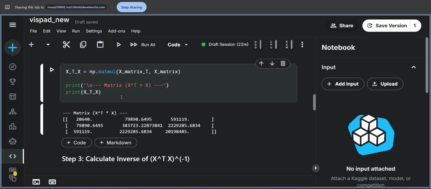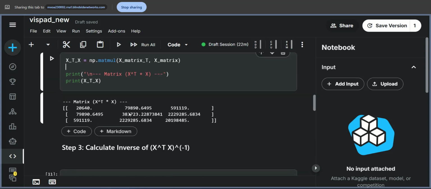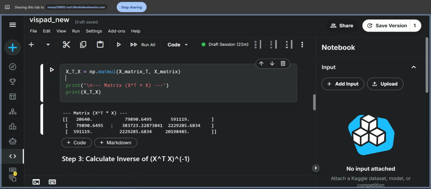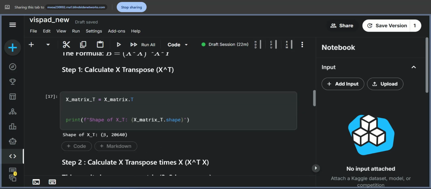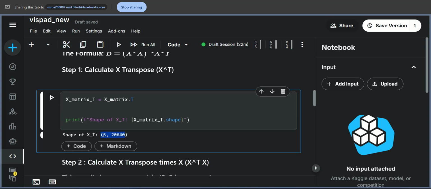More or less, these 9 elements give a summary representation of all this data here, 3 by 20,640.